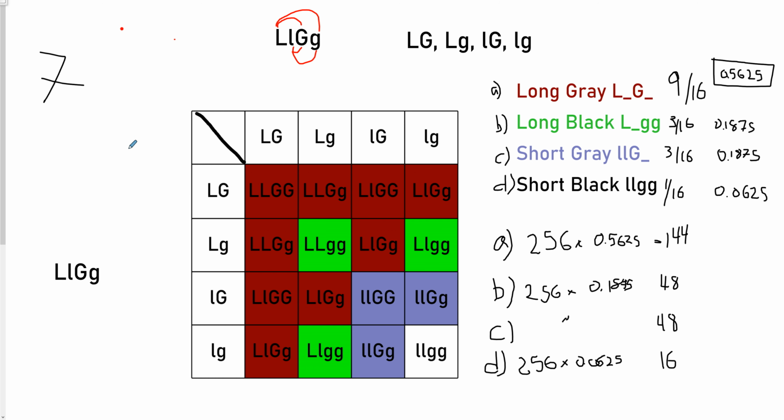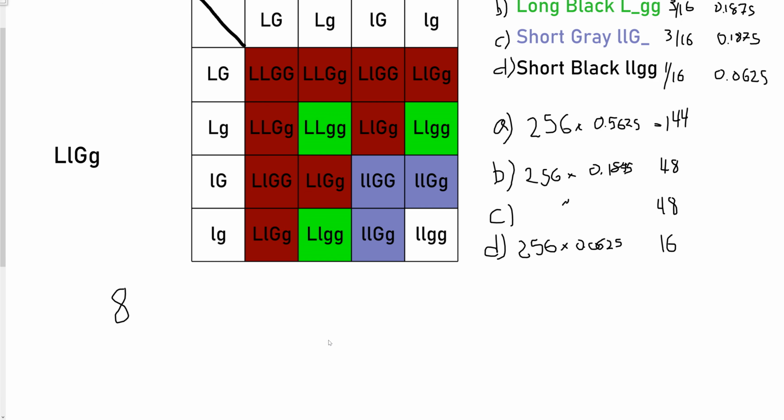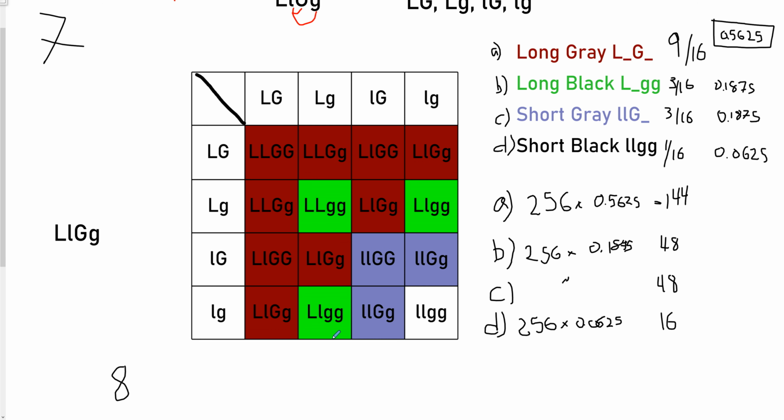8. So for question 8, it says, imagine that you randomly select one of the long-winged, gray-bodied flies from the offspring described in 7, and you do a test cross with a homozygous recessive for both traits.